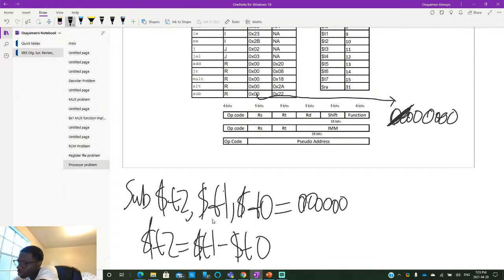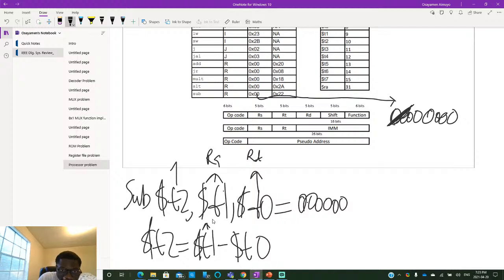One second. Indeed, that is the case. And so in that case, T1 is our RS, this is our RT, and then this is our RD.